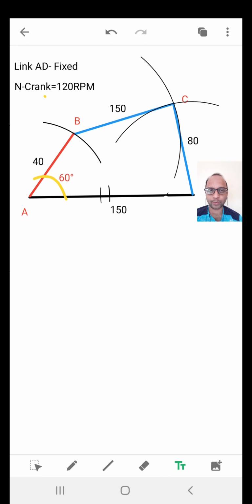In this, link AD is fixed. In this problem, we have to find out the relative velocity of link CD. So how do we calculate this?